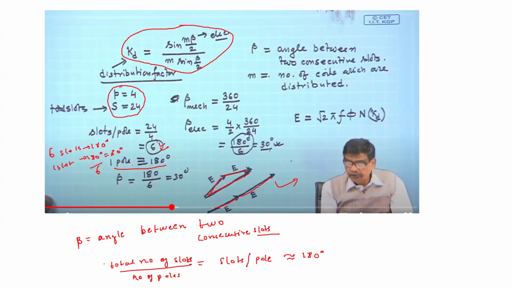So beta is 30 degrees. But remember, this is beta electrical, because 180 degrees is an electrical angle, electrical degrees.